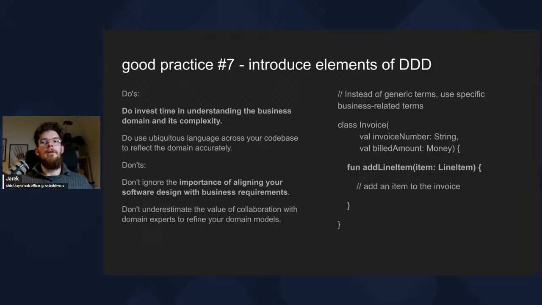So incorporating elements of DDD into our Android project helps align development efforts with business objectives, leading to more valuable applications and architecture that is actually serving our business, because that's why we are doing our applications, to serve some parts of business. It could be food ordering, it could be banking application.